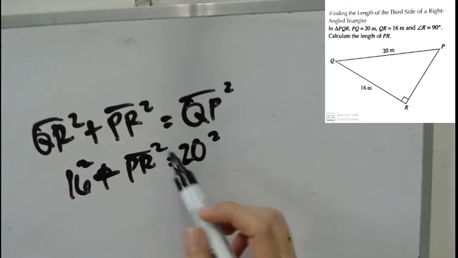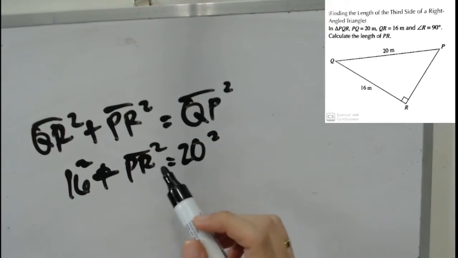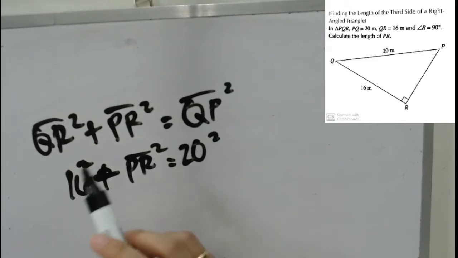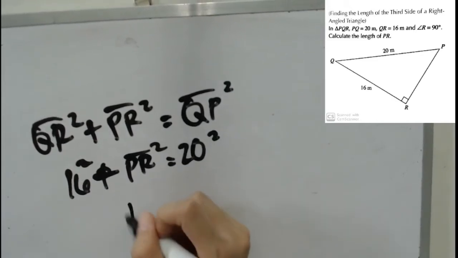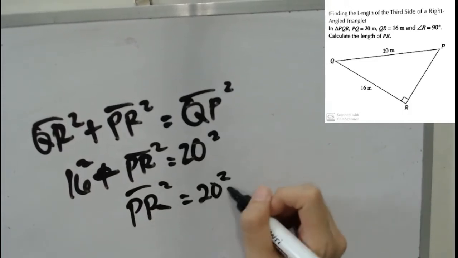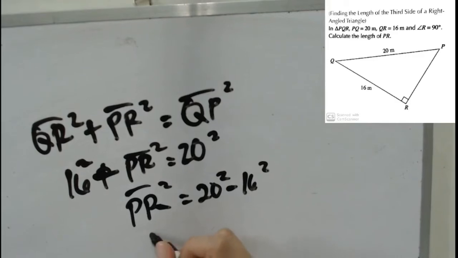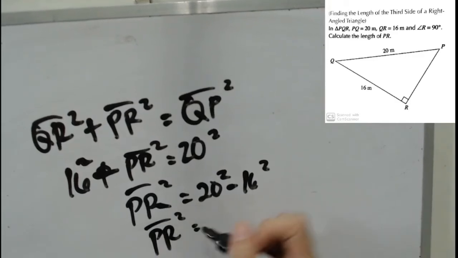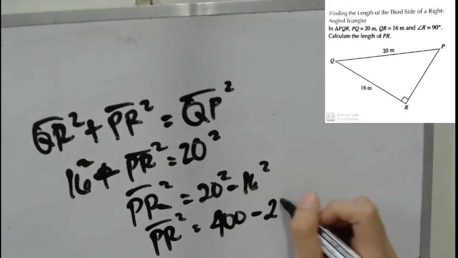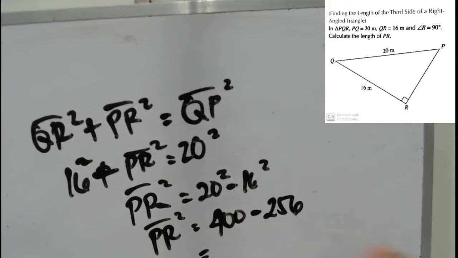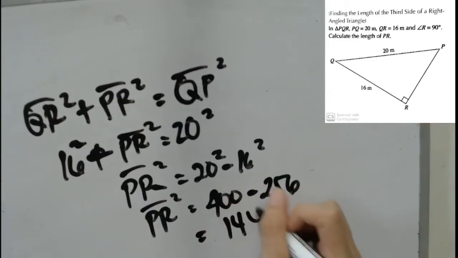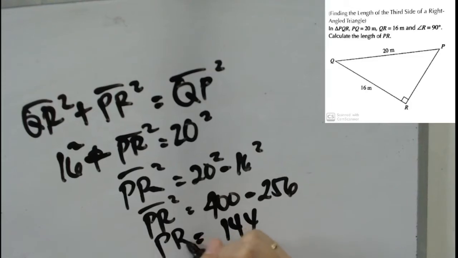For us to be able to find the value of PR, we are going to use the subtraction property, or in other words, we just need to transpose 16 squared to the other side. So we have here PR squared is equal to 20 squared minus 16 squared. 20 squared is 400 and 16 squared is 256. 400 minus 256 will give us 144, and it must be equal to PR squared.